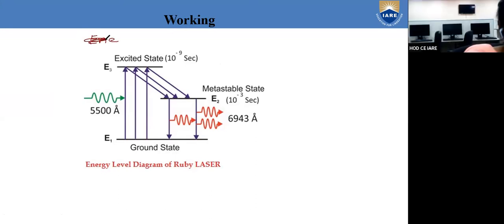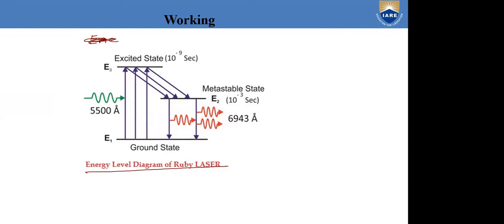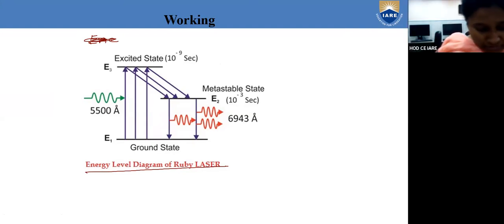So here it is given. This is the energy level diagram of ruby laser. So we are going to see the working of ruby laser using this energy level diagram. So all of you copy this diagram, then I'll explain the working of this ruby laser. All of you start copying.